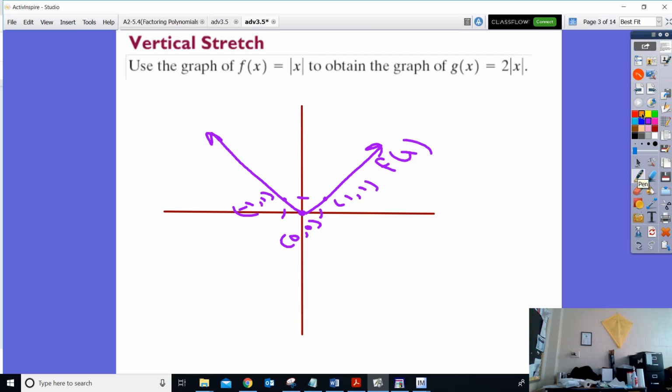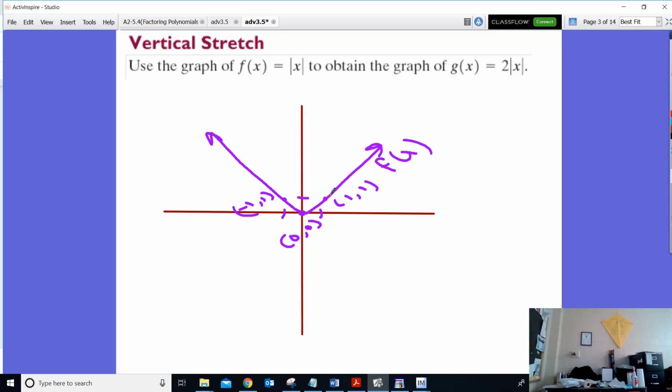What are we supposed to do with those y values because of that 2 out there? Times it by 2. So this point on mom, 1, 1, what's it become? It must be 1, 2. How about this point negative 1, 1?